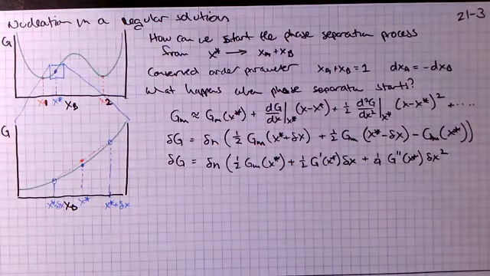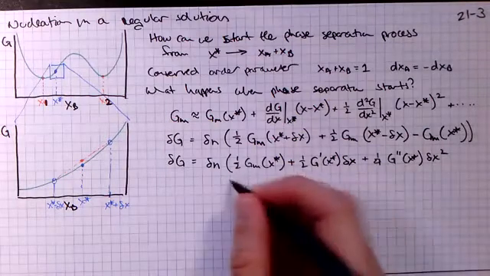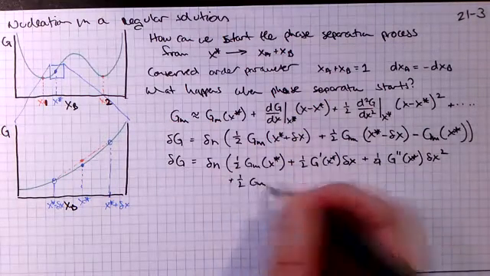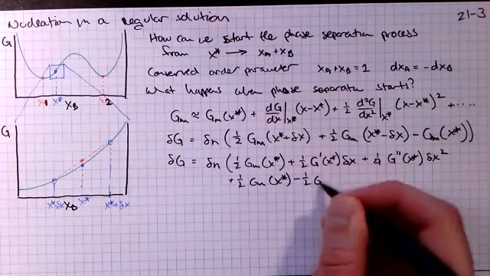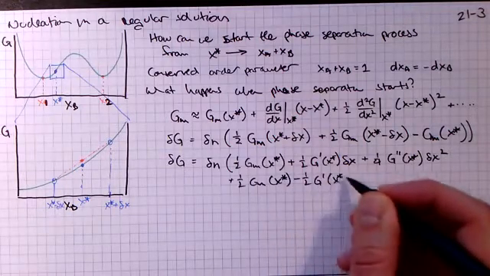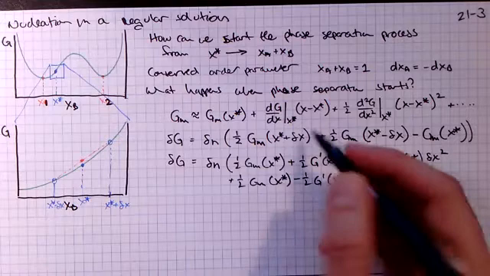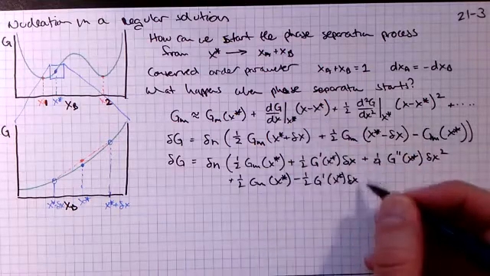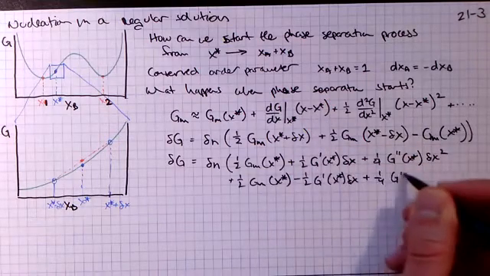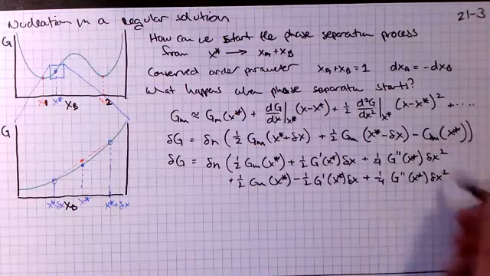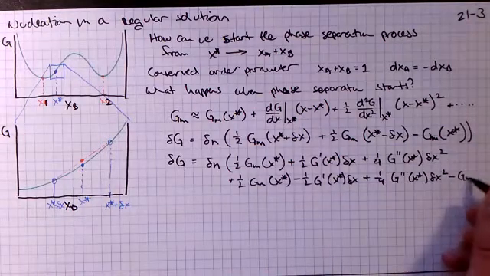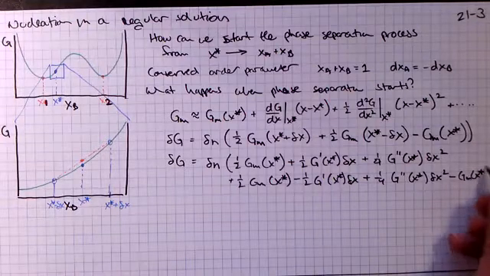And then from this term, we're going to get plus 1/2 G of X star minus 1/2 G prime X star delta X, because we'll get a minus delta X here, plus 1/4 G double prime X star delta X squared, and then minus G of X star.